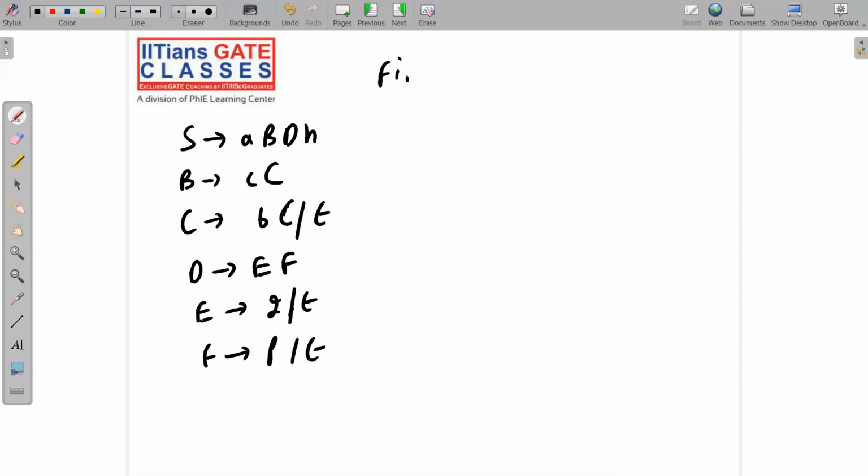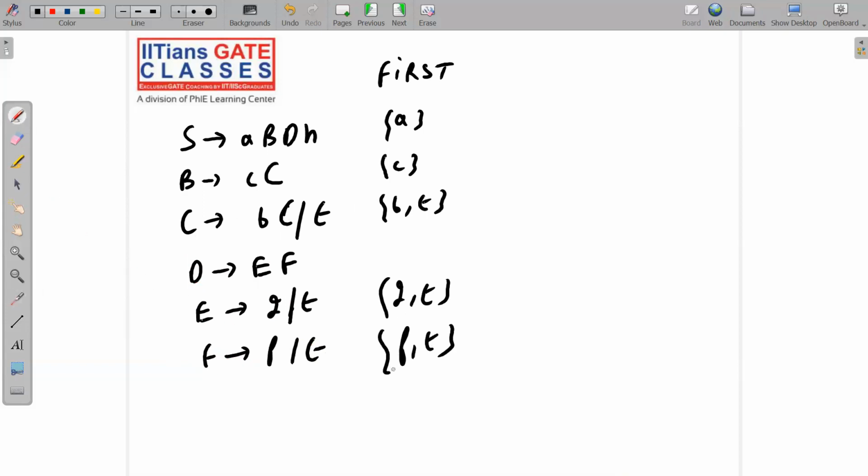Now we will try to find the first here. It's very easy. First of S is A only. First of B is C only. First of C is B null. And first of D is first of E, so you have to find first of E first. So G null, and obviously it is also very easy, F and null. I will write F and null.